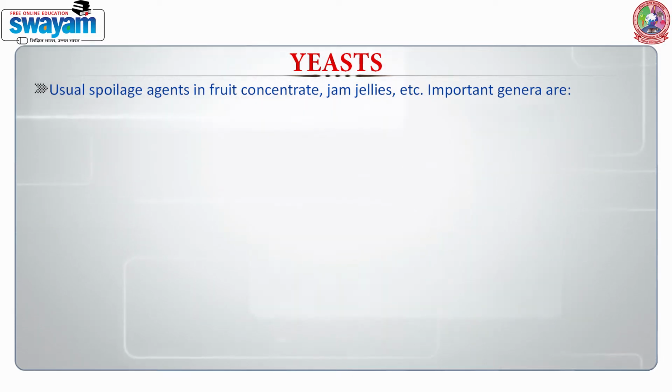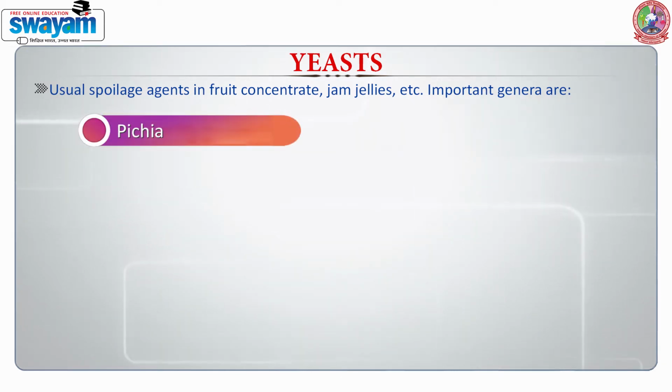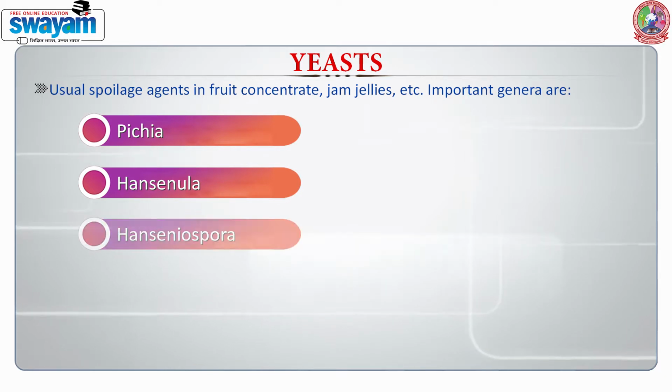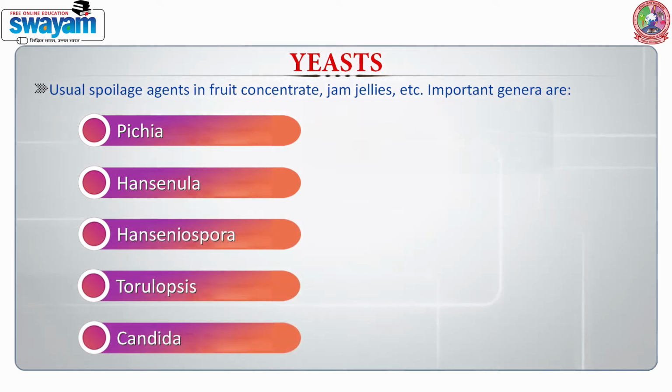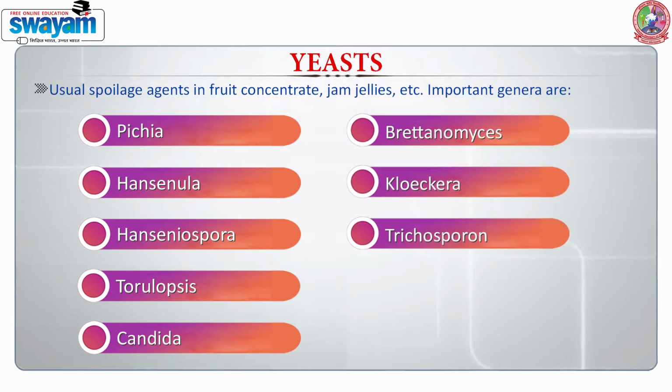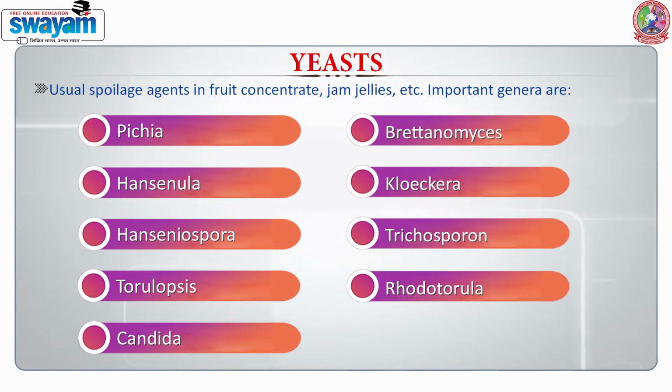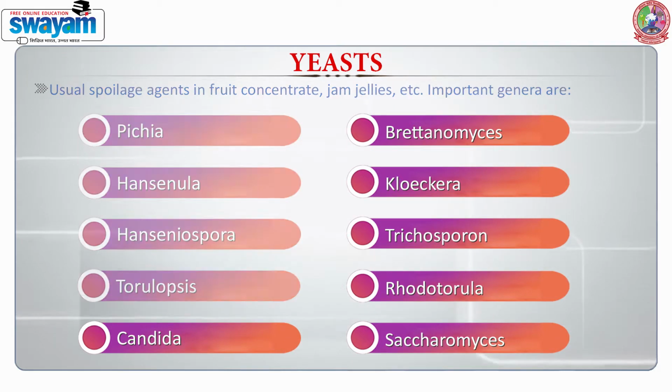They are most prevalent in fruit concentrates, jams, jellies, etc. Some of the important genera of yeast are Pichia, Hansenula, Hanseniaspora, Torulopsis, Candida, Kloeckera, Trichosporon, Rhodotorula and Saccharomyces.